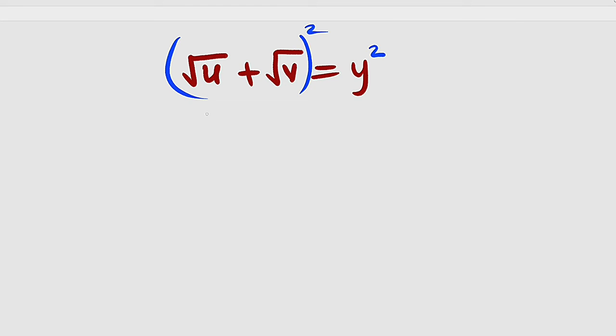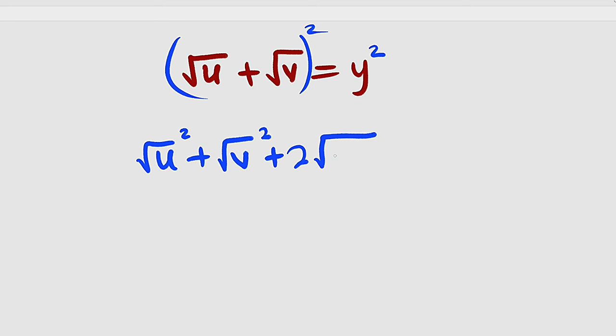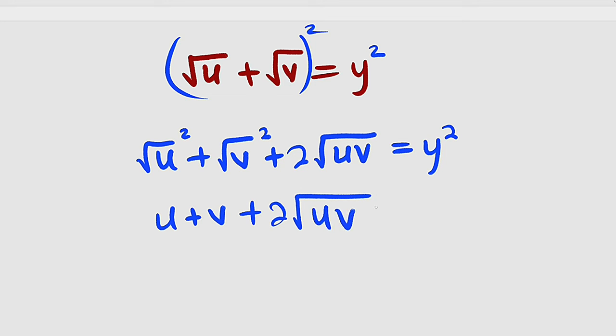Applying binomial expansion, we take the first term, we square that. That is the square root of u squared plus the square root of v squared plus 2 multiplied by the square root of u times v, right? This is the expansion, and this remains equal to y squared.